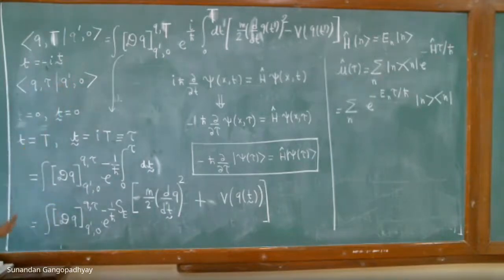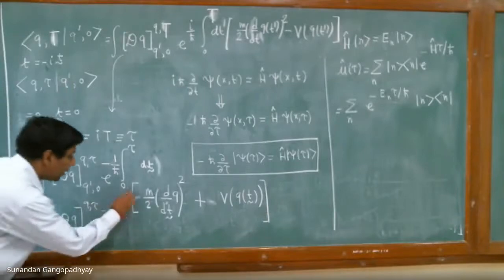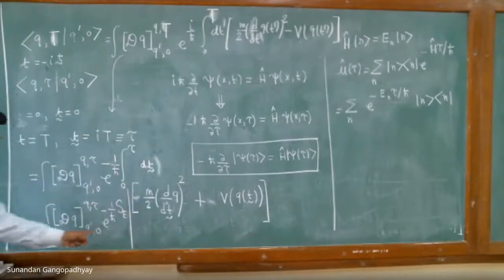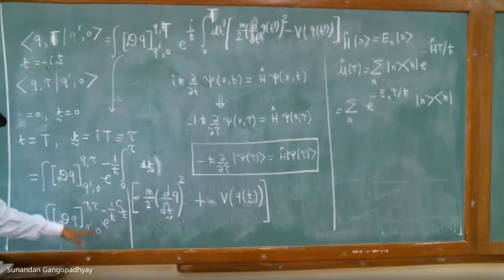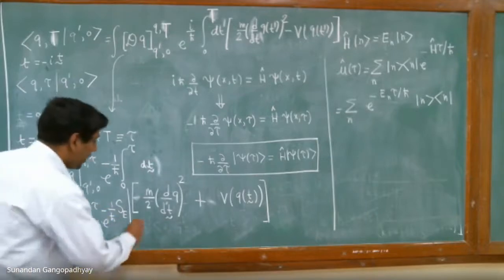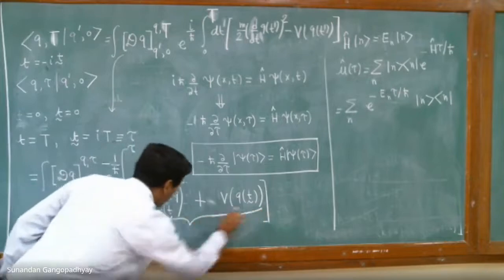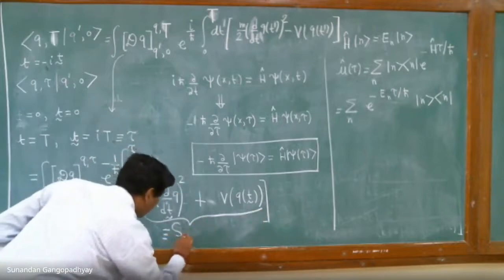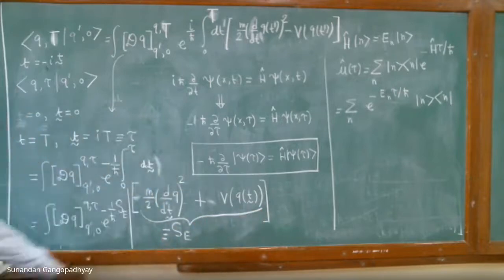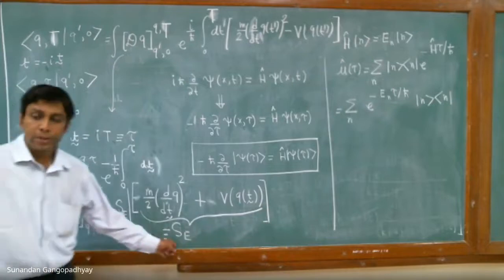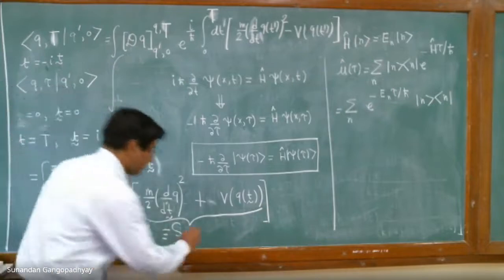So this propagator has a path integral representation, given by this expression: path integral measure Dq, boundary conditions q prime at 0 and q at tau, e to the power of minus 1 by h bar S_E. And what is S_E? S_E is this thing. This S_E we shall call the Euclidean action.